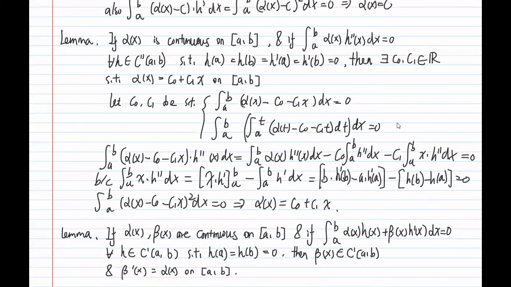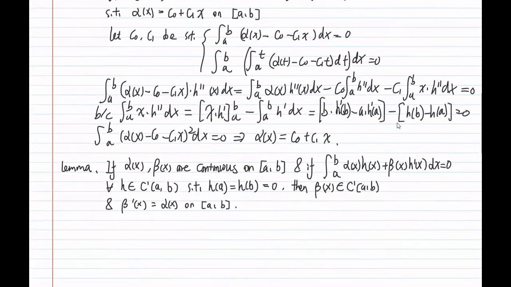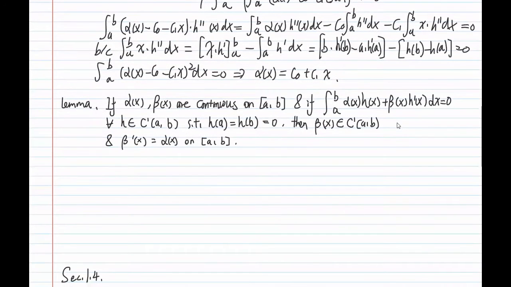So, all right. Now let's continue to the most important lemma in our section, which involves two functions, alpha and beta, and they're all continuous on the interval [a, b]. And we require the condition that for all h in the space C1 with 0 boundaries, this integral is 0. So the integral of alpha times h plus beta times h prime is 0 from a to b.